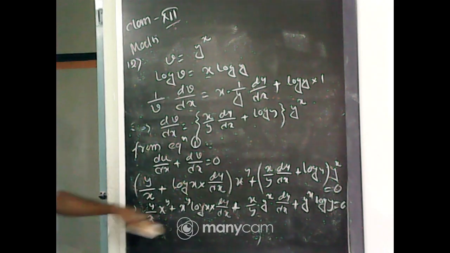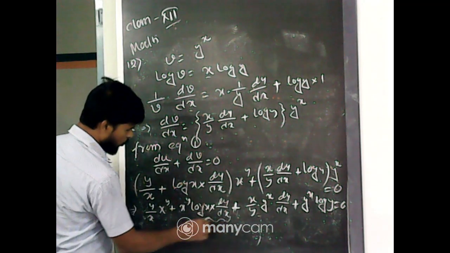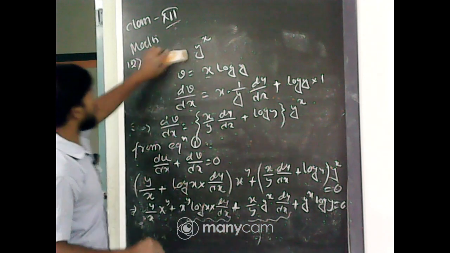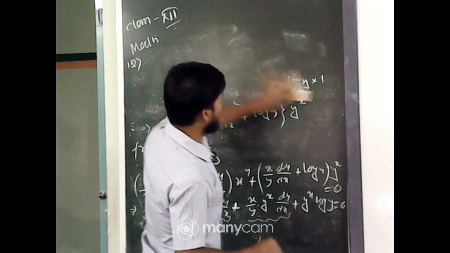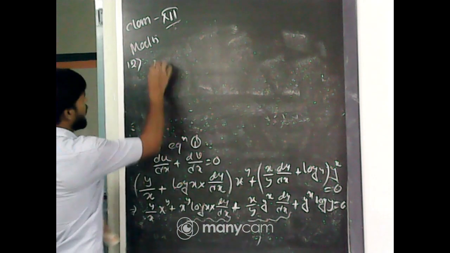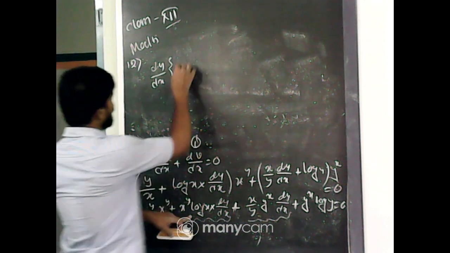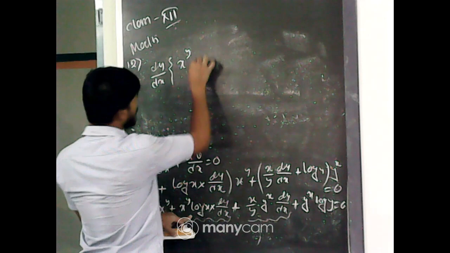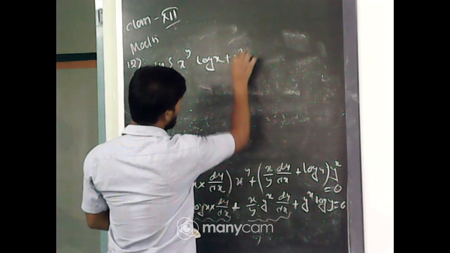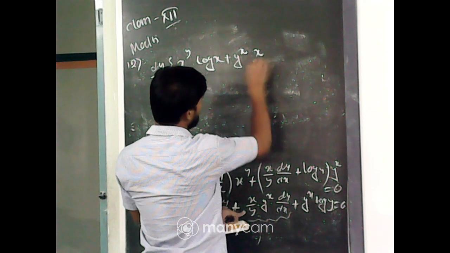Now look, there are 4 terms. Out of 4 terms, 2 terms contain dy/dx. So from these 2 terms take dy/dx common and send the other 2 terms to the right hand side. So if I take dy/dx common from these 2 terms, it will be x to the power y log x plus y to the power x into x by y.